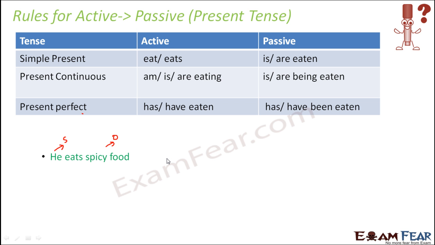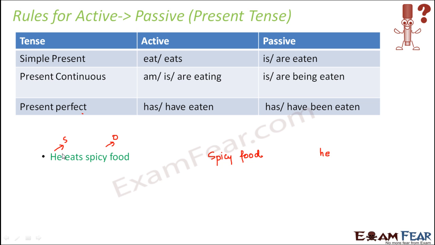As we have learned in the previous slide, our first step is to interchange the subject and the object. Let us do that. First we interchange. We bring spicy food to the place of the subject, and we take the subject to the end. The subject is he, so for now, let us write it as he.